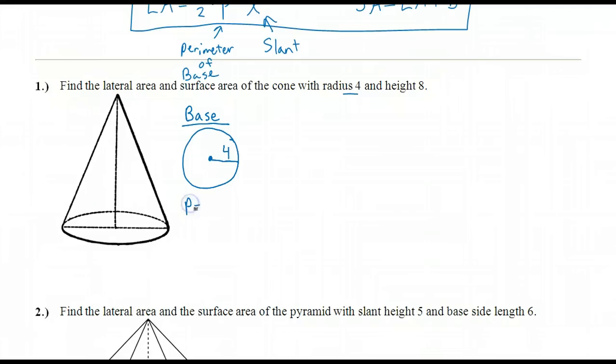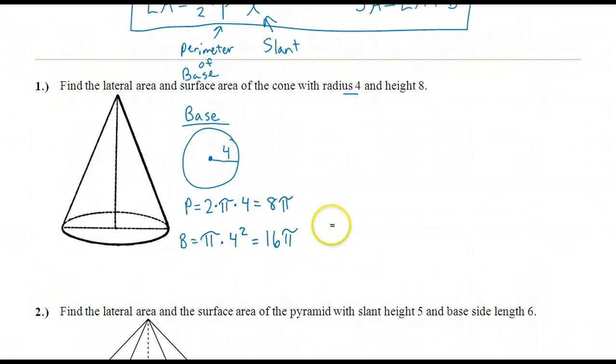Now I want to find the perimeter and the base area. The perimeter is going to be 2 times pi times my radius, which is going to be 8 pi. And my area is going to be pi times r squared, 16 pi.